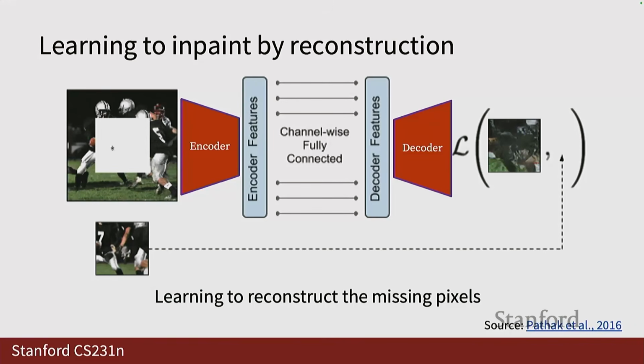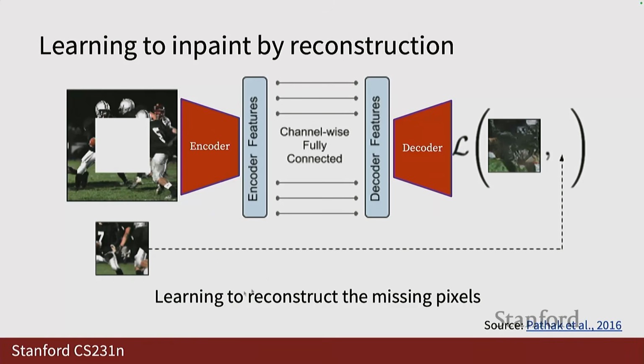So an encoder turns this into a feature space, there are some fully connected layers in the middle, and then a decoder decodes the parts that are missing. And the loss function compares the output with the ground truth.